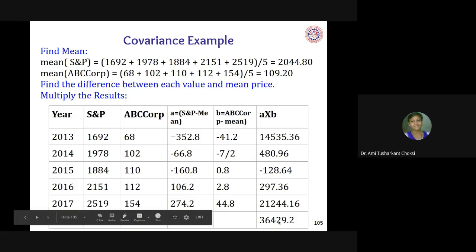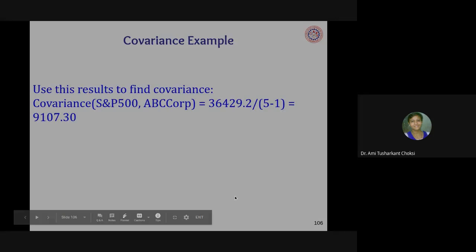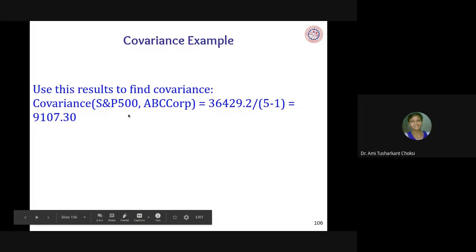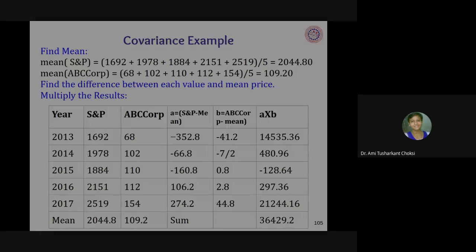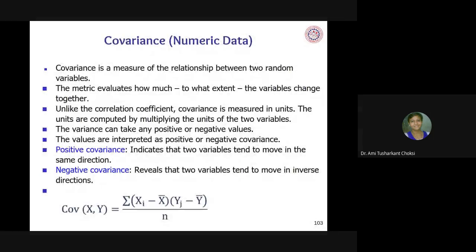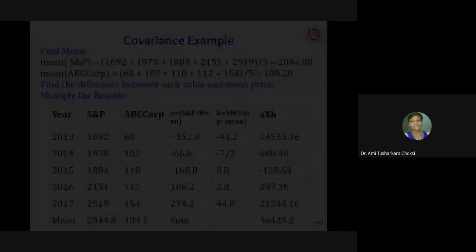Divide by n, that's what we need to find. So the result of the covariance of these two companies is equal to whatever we are finding.